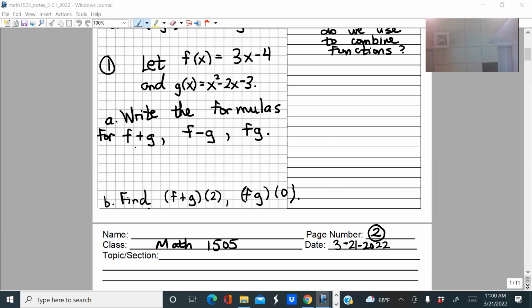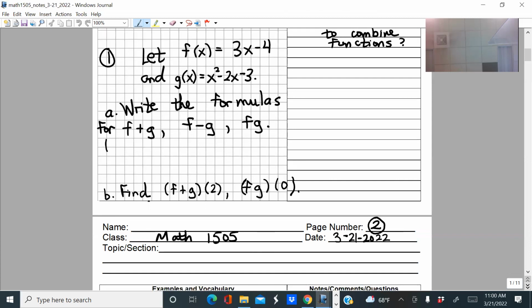So this is the name of a function. How do we find f plus g's formula? Well, you just take the formula for f and you add on the formula for g. Just like that.